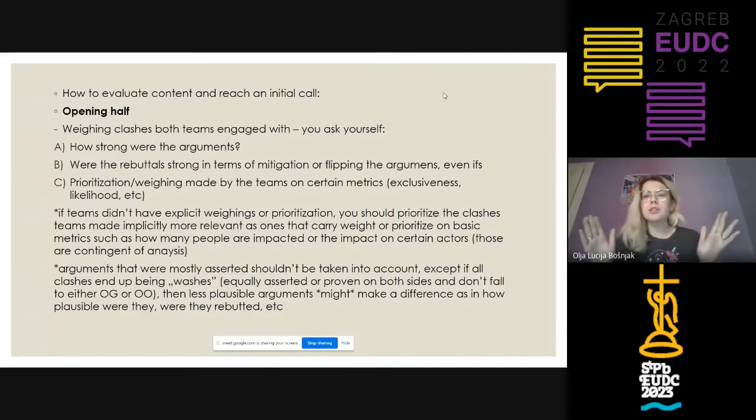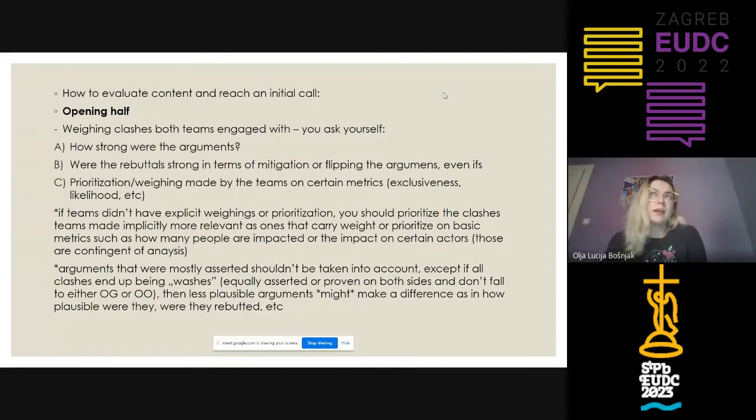Those are probably the clashes that carry weight in terms of a lot of time spent on them. They cover the most specific actors that are important. Obviously, we can sometimes pinpoint what the most important thing was. Very often the ones that people spend most time on were what teams focused on and implicitly gave relevance.